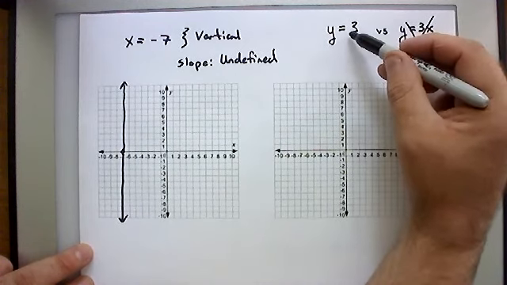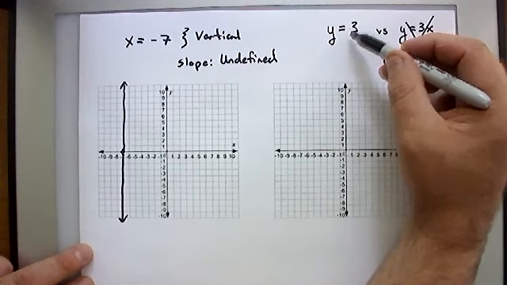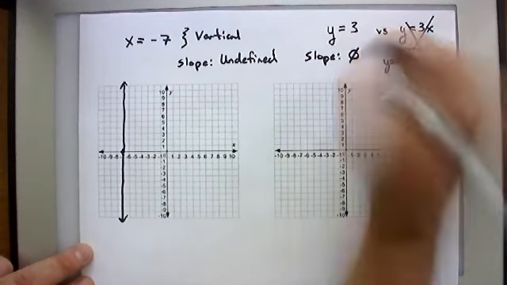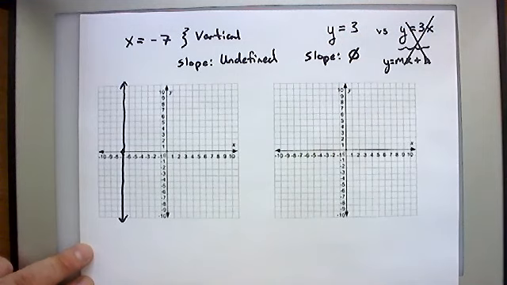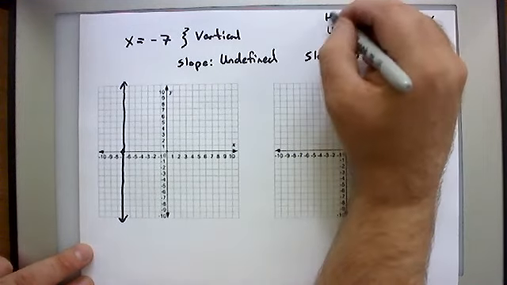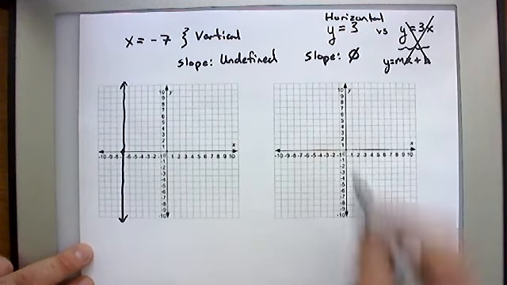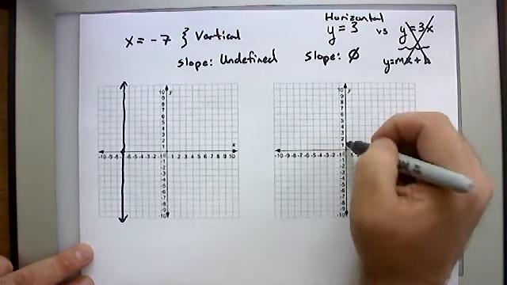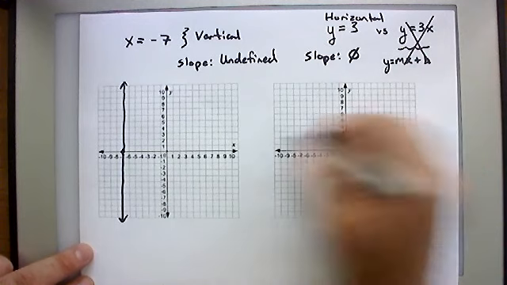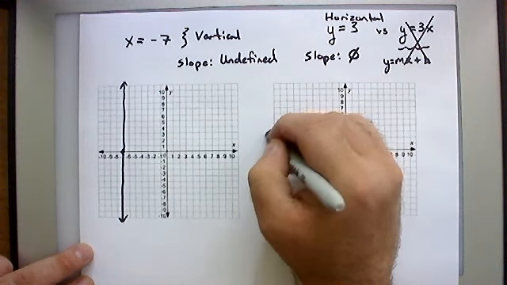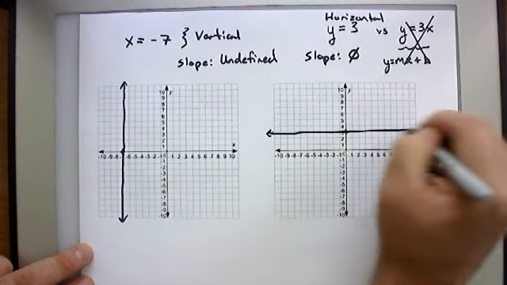That's how you know this is a horizontal line at 3. The slope of any horizontal line is 0. So this is a horizontal line. We write that up here. Horizontal line at 3 on the y, 1, 2, 3 on the y. On the computer, you'll just pick any other point on the line, but it is a horizontal line right there.